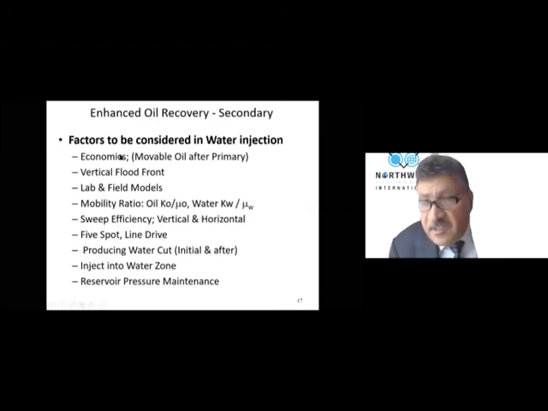Is it worth it? Is there enough oil in place to build a water injection plant to get oil out? Water injection projects cost millions of dollars, could be 500 million, $600 million to build. So is it worth spending all that money? I need to ask myself.